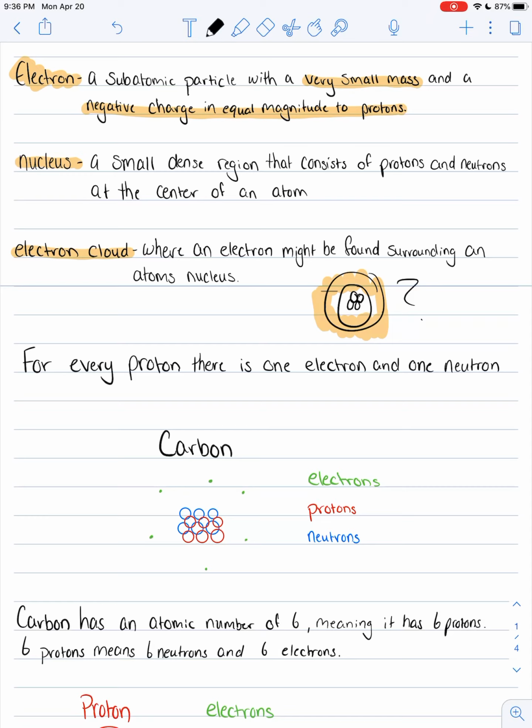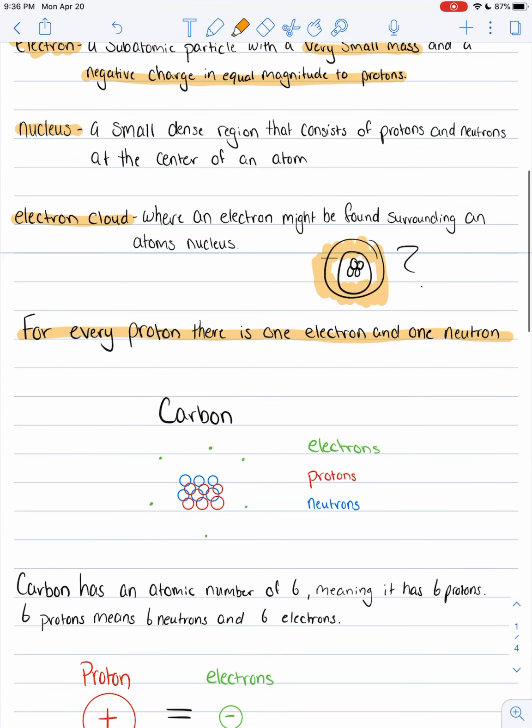So, an important takeaway is that for every proton, there's one electron and one neutron. So here I've drawn a very basic structure of a carbon atom. It has 6 red dots, 6 blue dots, and 6 green dots. Because you want your overall atom to remain neutral.